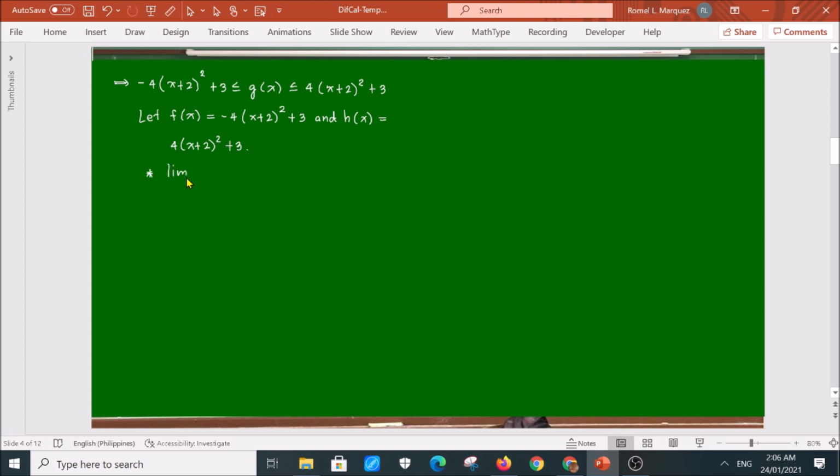Taking the limit of f of x as x approaches negative 2, we get negative 4 times (negative 2 plus 2) quantity squared plus 3, and this is equal to 0 plus 3, and that is equal to 3.